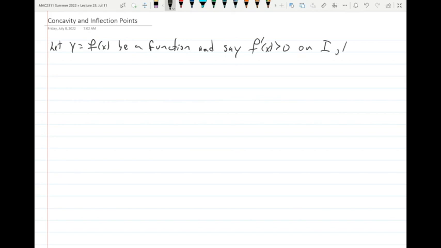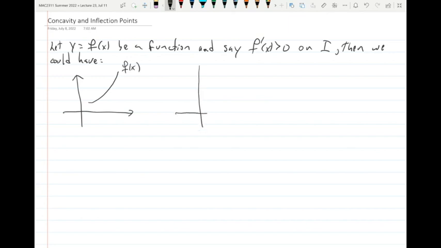So then we could have the following. Over the interval I, our function f could look like this. This could be f, but it could also look like this. Do you understand this?